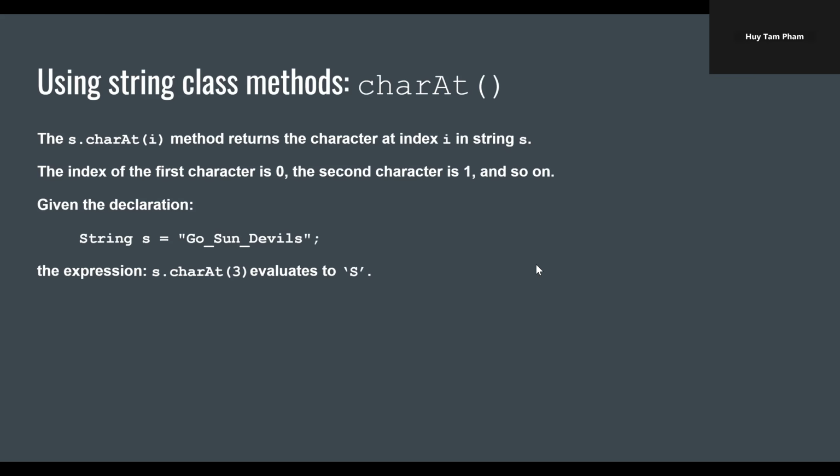The expression s.charAt(3), which is the character at index 3 of string s, is going to be a capital S. The method will return the value of a character, not a string.